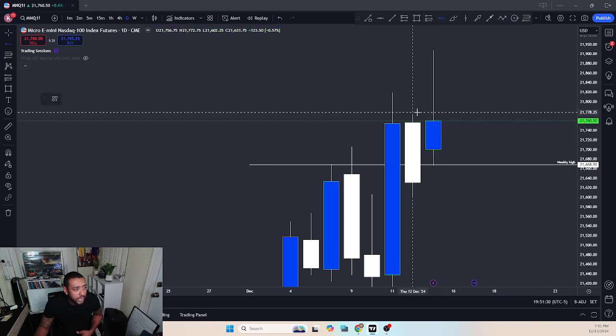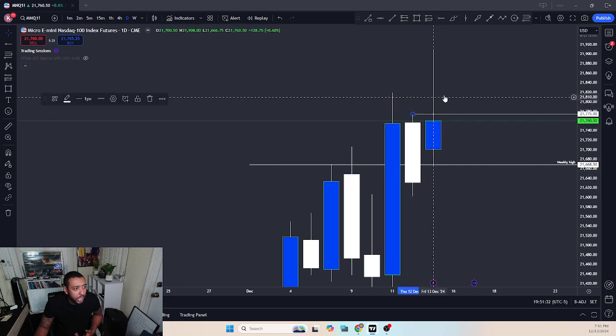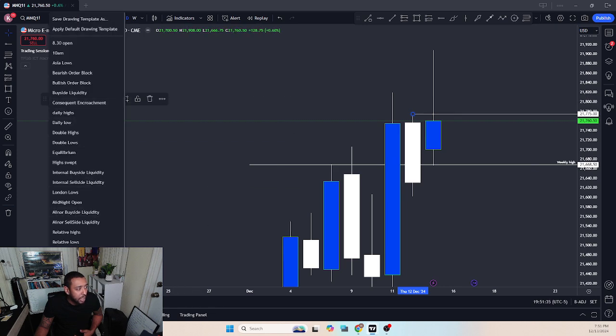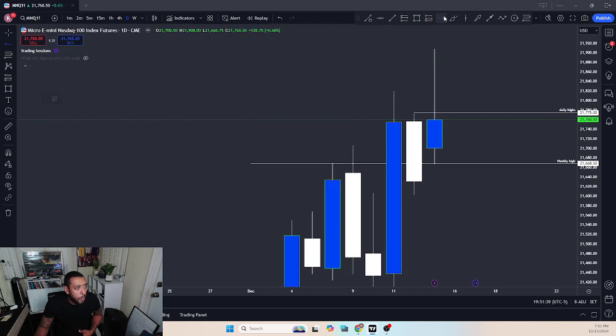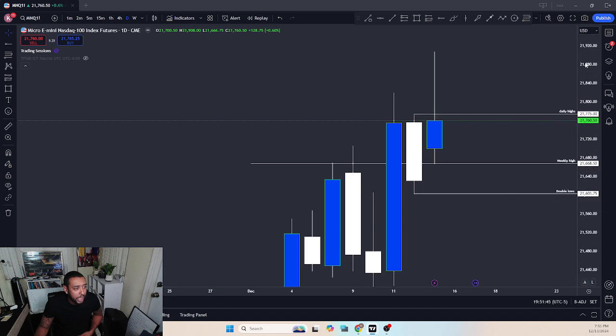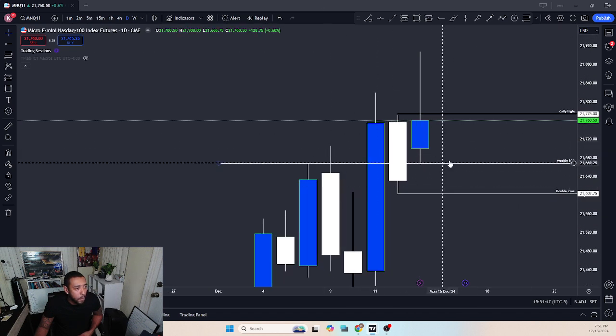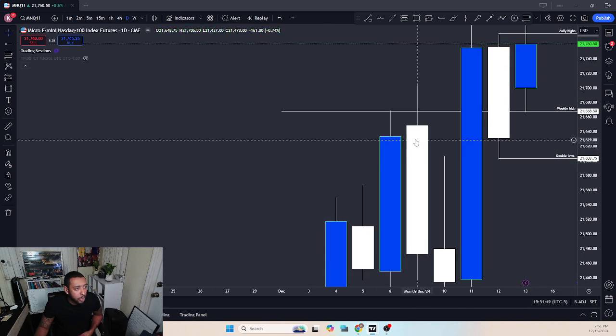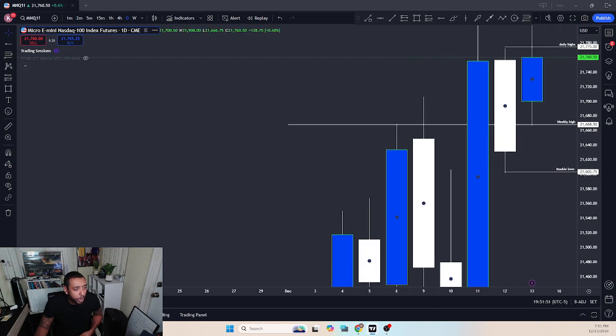This is yesterday's high, so this is a daily high. And this is the daily low, because this is a daily candle. So I've got a daily high and a daily low. Matter of fact, you see how this is a new day opening gap right here.